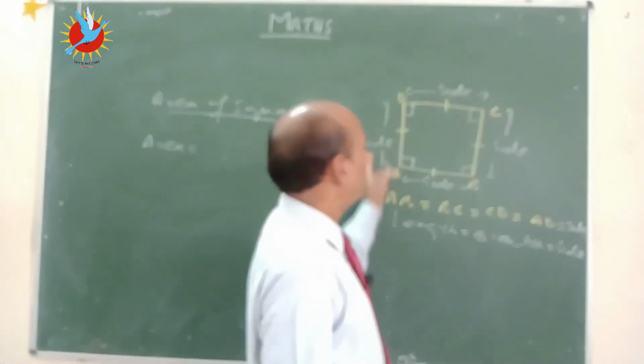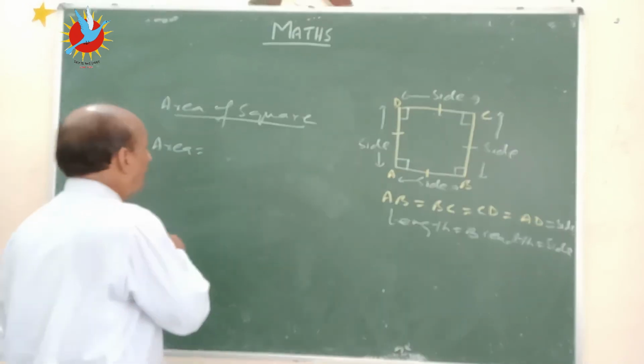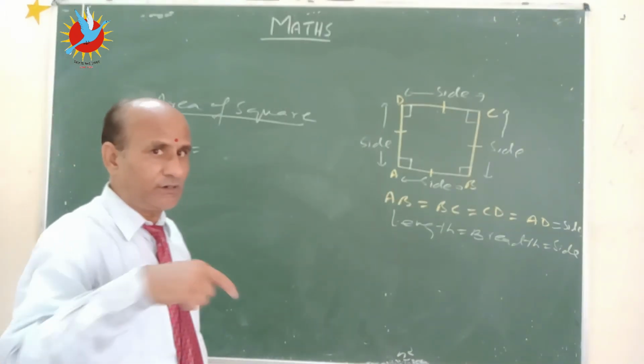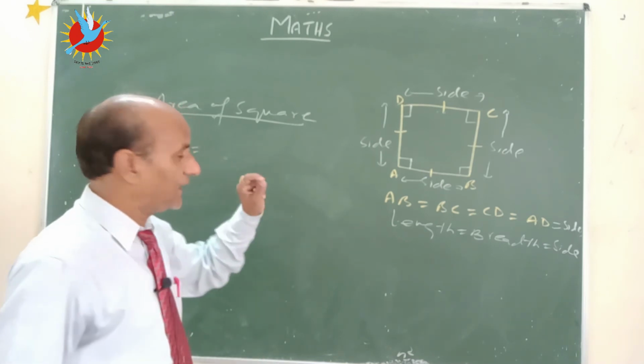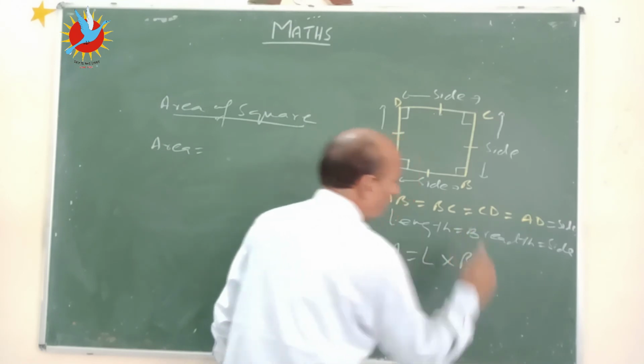Now what is the formula of rectangle? Area of the rectangle is length multiplied by width, which I have told just now.